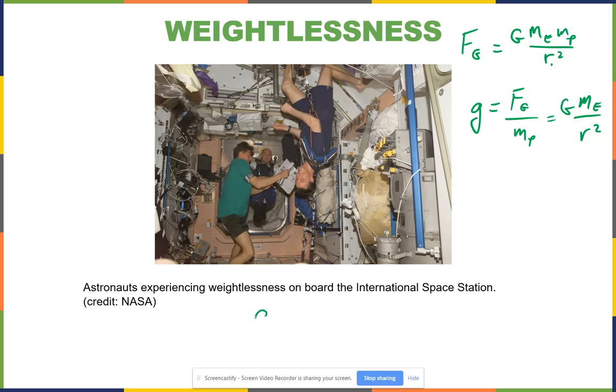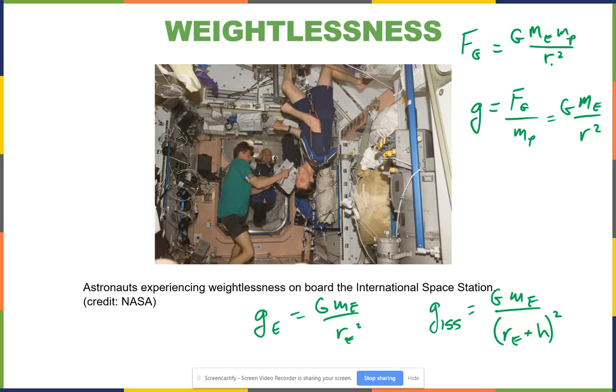So g on Earth is G mass of Earth over radius of Earth squared. g on the International Space Station is equal to G mass of Earth over radius of Earth plus the elevation, I'll put h here, squared. Well, the height for the International Space Station, what did it say in the problem?